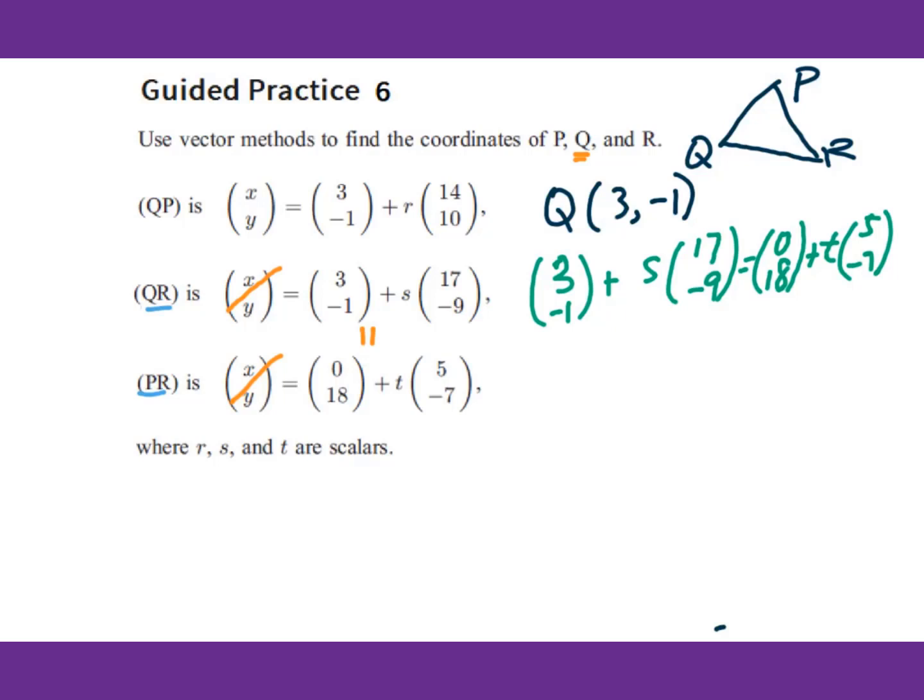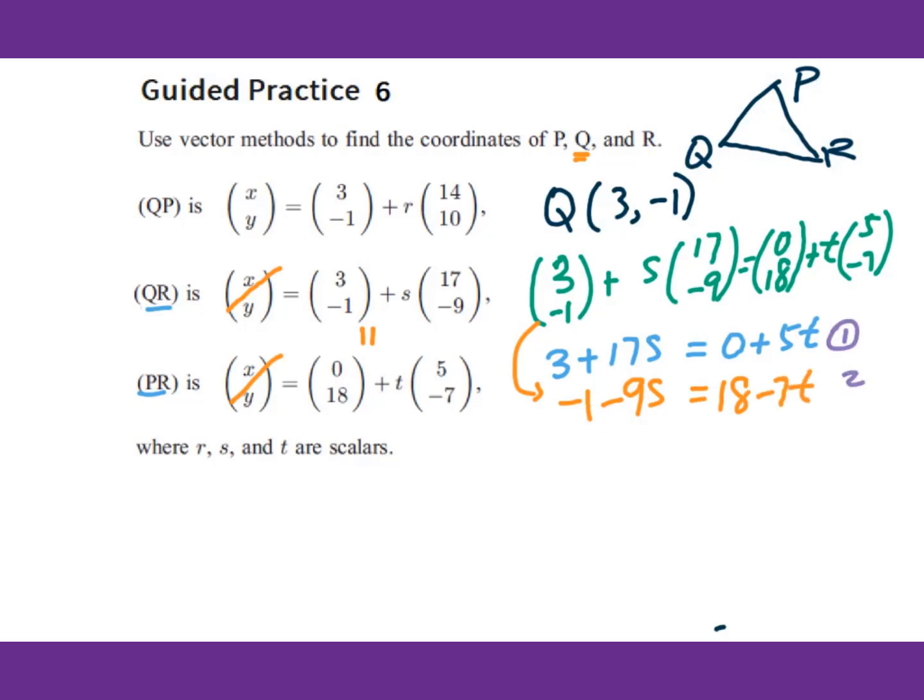For the first row, we get 3 plus 17s equals 0 plus 5t. For the second row, we get -1 minus 9s equals 18 minus 7t. We label this the first one, second one.